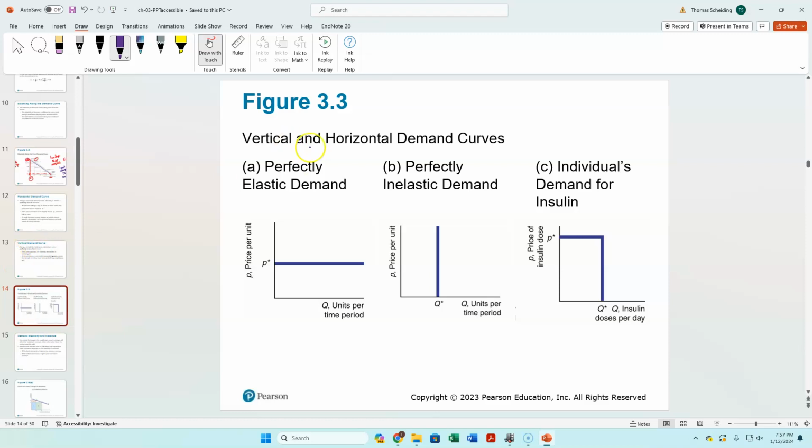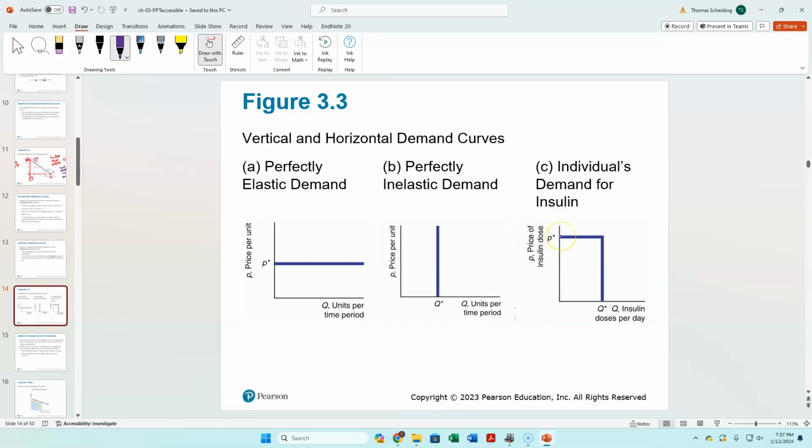We've got our perfectly elastic demand curve, which is generally horizontal. We've got our perfectly inelastic good, which is vertical. And then essentially, right, we can understand some consumers, right? Like for myself, I don't take insulin. I'm blessed that I don't need insulin for any reason, right?